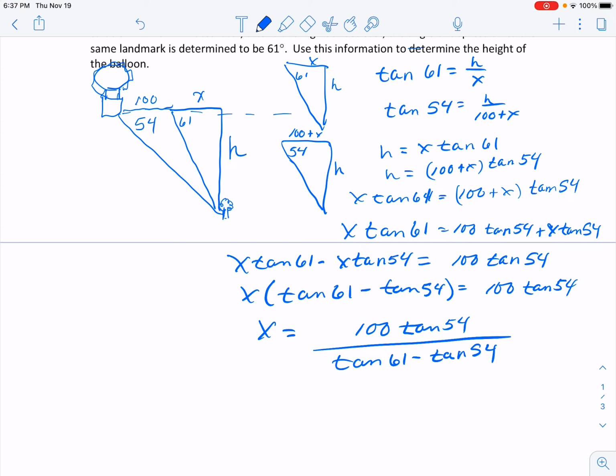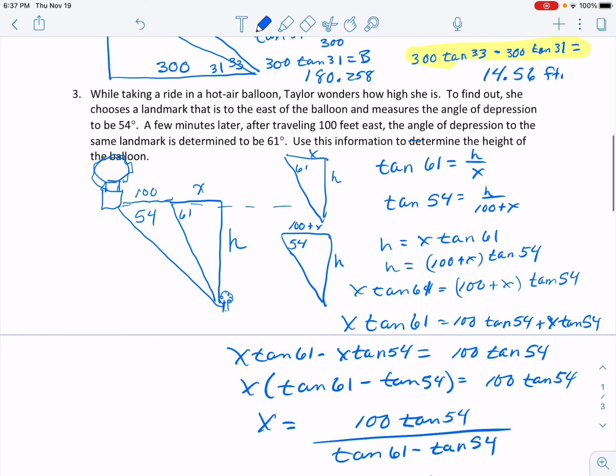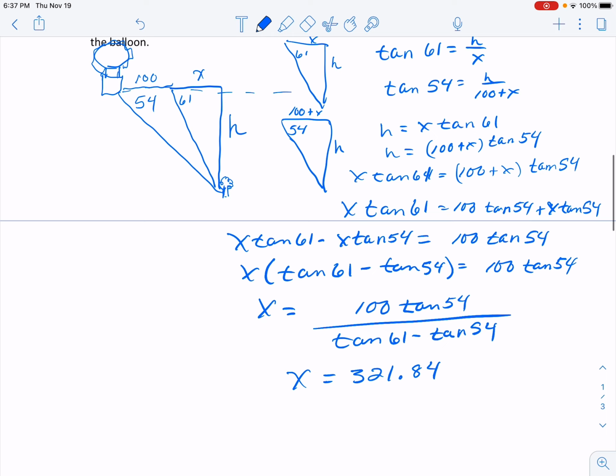Now I'm going to put it in my calculator: 100 tangent 54 divided by tan 61 minus tan 54. And I get X is equal to 321.84. What are we dealing with? Feet.